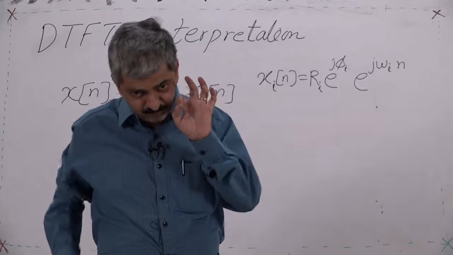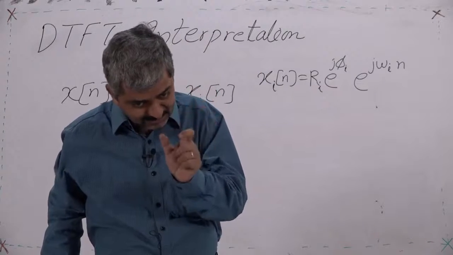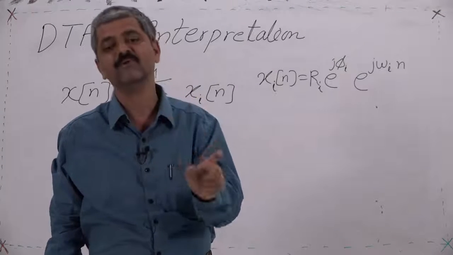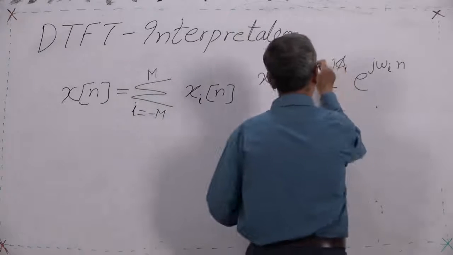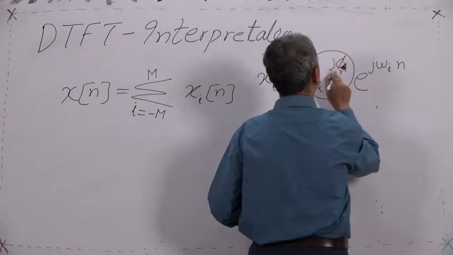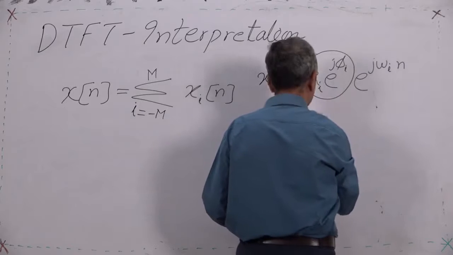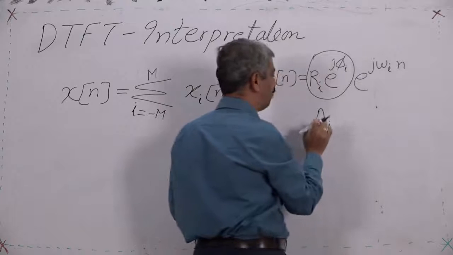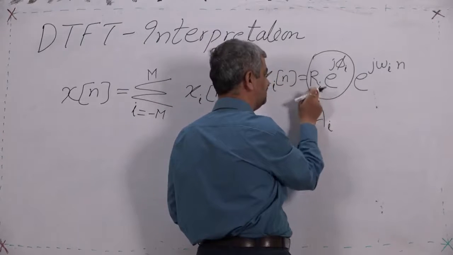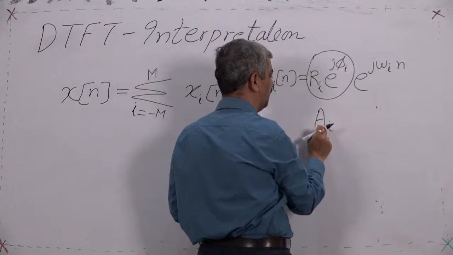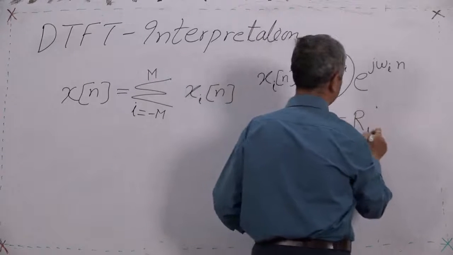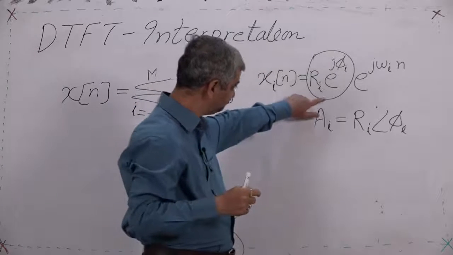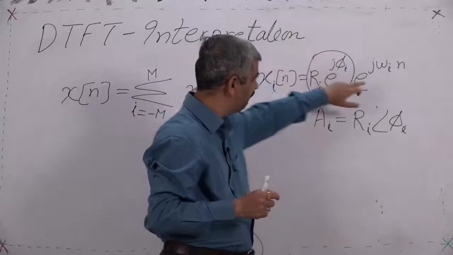The x_i[n] will be a point on a circle of radius Ri at an angle of phi I. Then write this Ri e raised to j phi I as Ai, where Ai is a complex number, meaning Ai contains amplitude and angle. So Ai is nothing but a unique combination of Ri and angle phi I. So this is the multiplier of the rotating point.